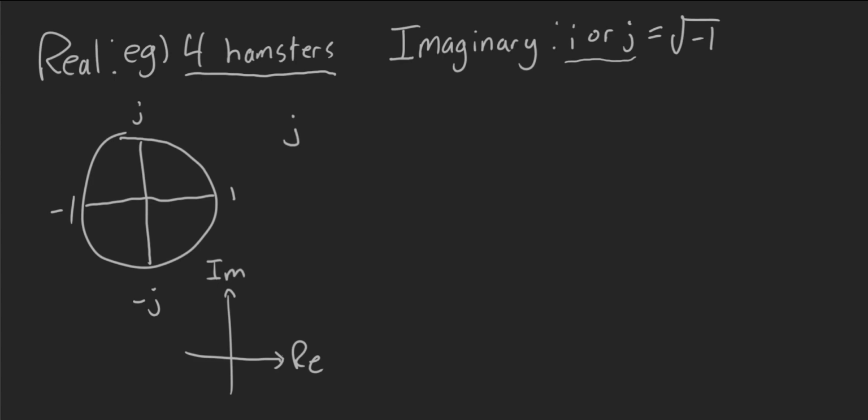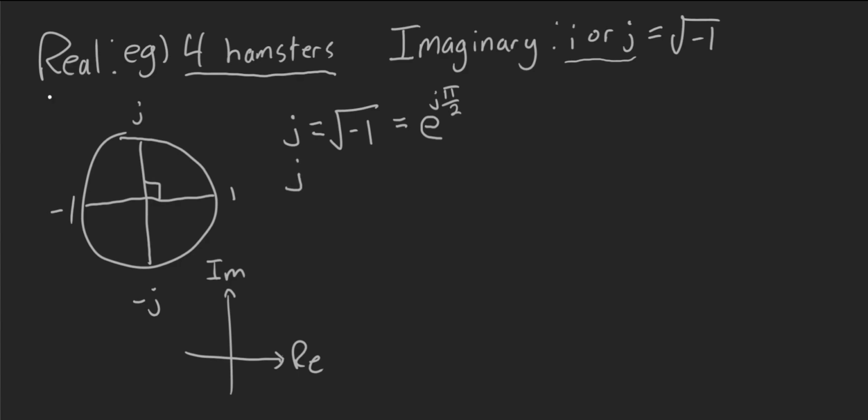And let's start by having a closer look at j, the imaginary number. We know that it is equal to the square root of -1, but in terms of the unit circle, in polar form, j would be equal to e^(jπ/2). Pi over 2 is 90 degrees, and that's because we have to move from 1 to j by 90 degrees.